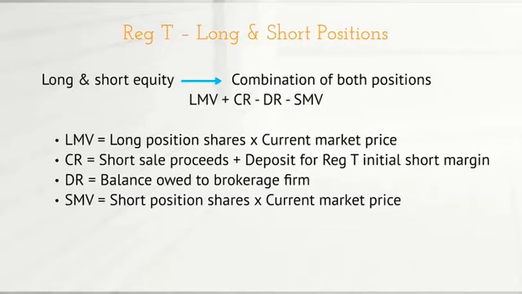We saw those two. And then we just saw our credit minus our short market value. And so it's just a combination of our two different types of positions to get the total equity in the account, a combination of all the long and short positions together.